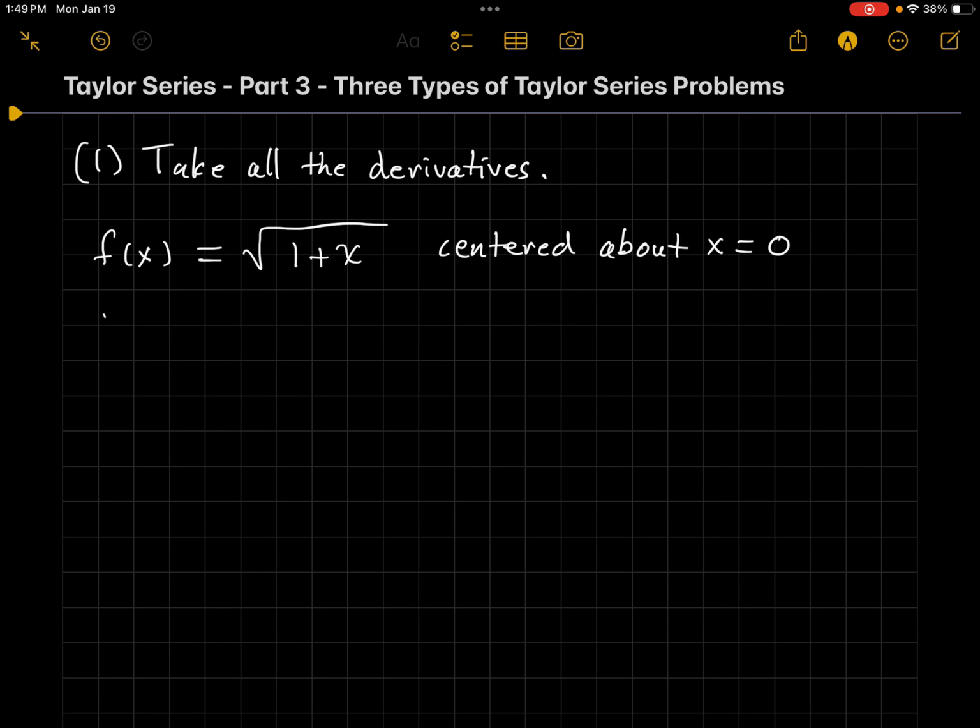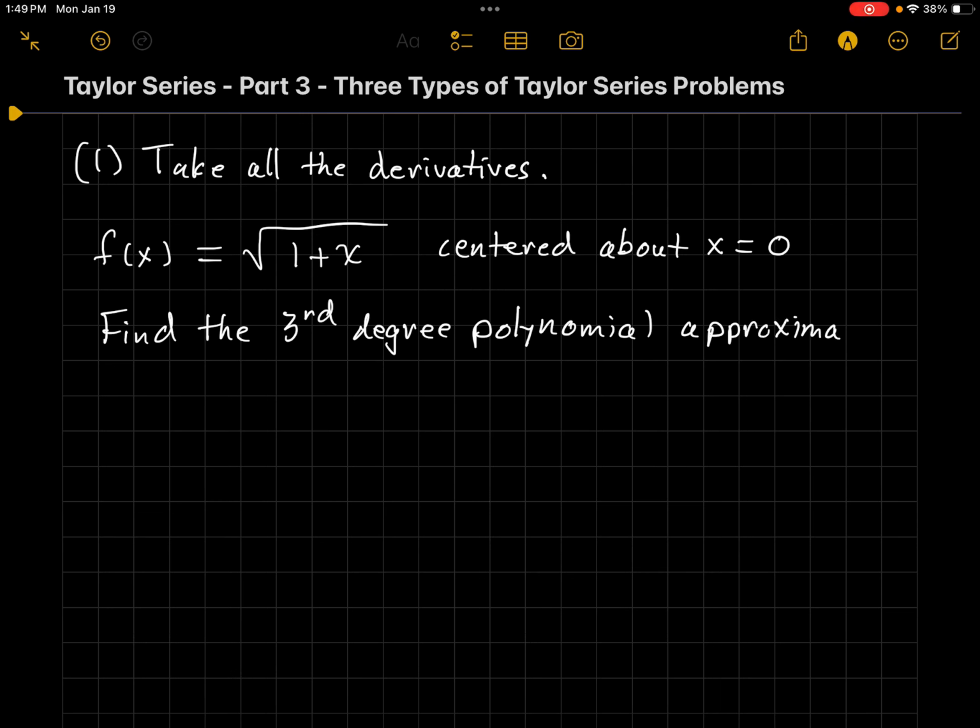And let's find the third degree polynomial approximation to f of x. So for third degree, that means we're just going to go out to the x cubed term, or stop at the x cubed term.